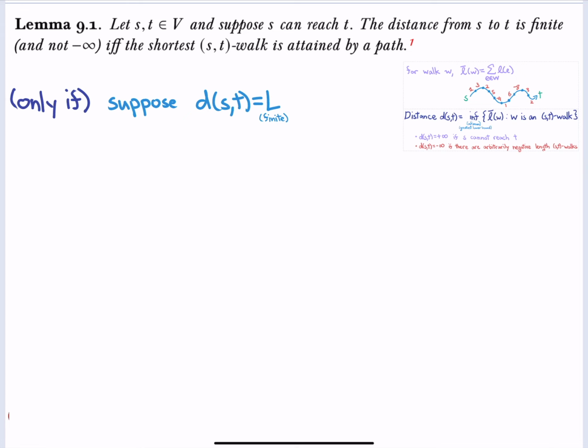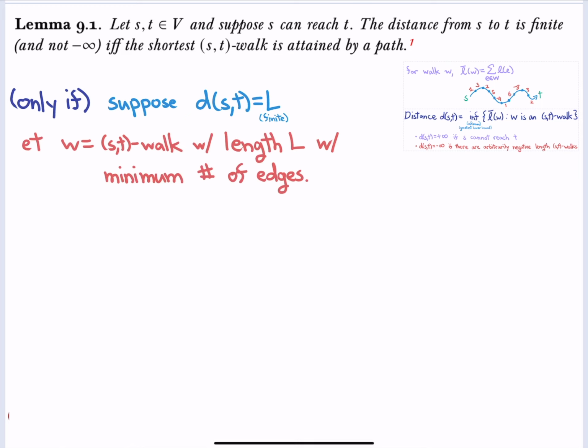I want to argue that because it's finite, I can actually get from S to T along a path with total length L. We know there are walks out there of length L, and I want to argue there's a path of length L.